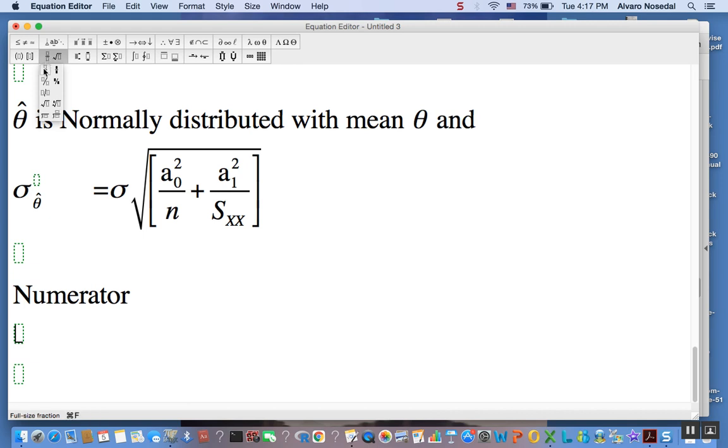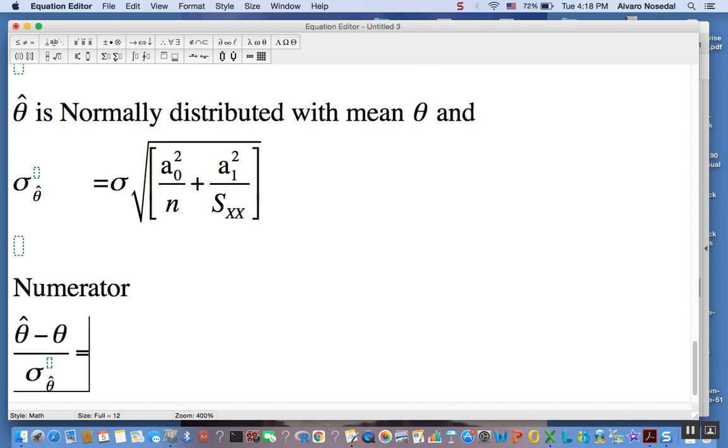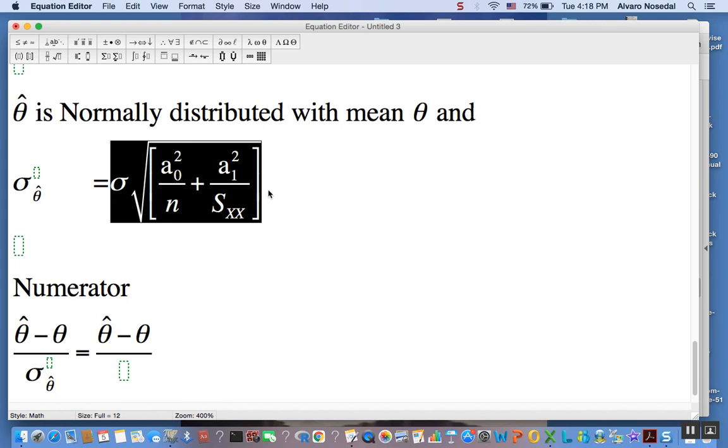So what we have here is theta hat minus theta, divided by the standard deviation of theta hat, which is the same as theta hat minus theta divided by that expression.